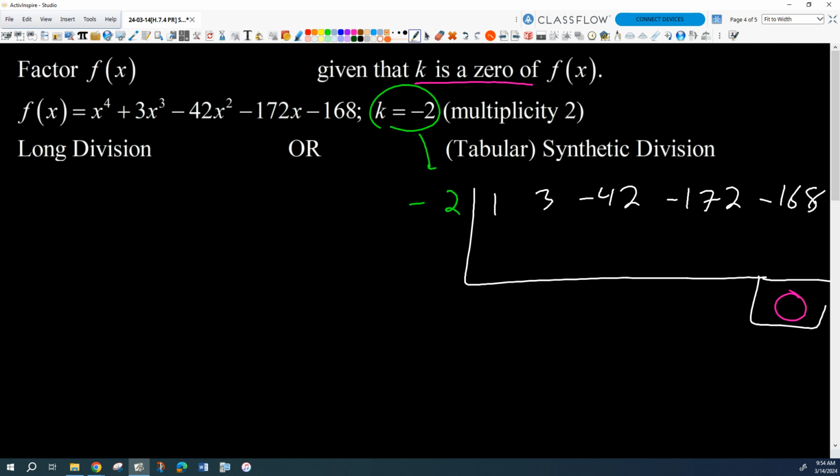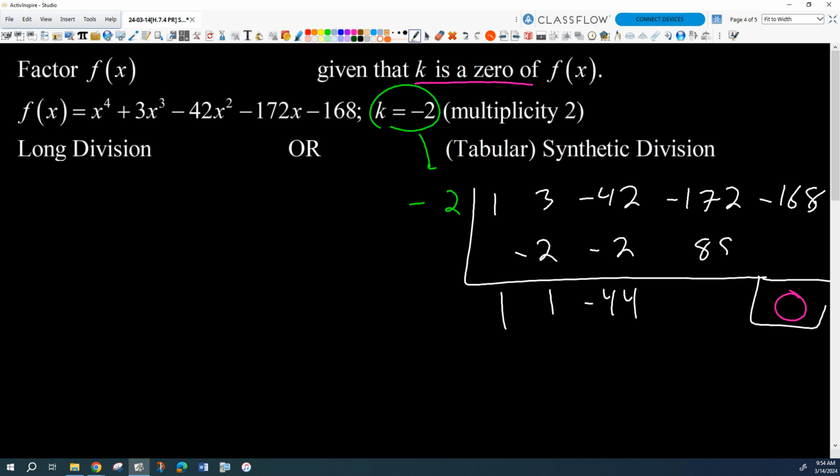Okay, so what does that give us if I go through the process then? 1, -2, 1, -2, -4, 80. I can't see the board. Positive 80.